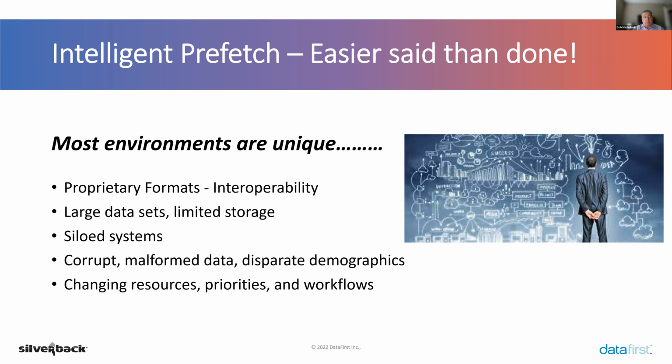Corrupt, malformed, or disparate demographics. I think one of the biggest challenges out there is disparate demographics. Again, we talked about consolidation, and it's not unusual for us to deploy our engine in front of multiple legacy PACS systems in order to serve up relevant prior comparisons to a new enterprise solution before their migration is complete.